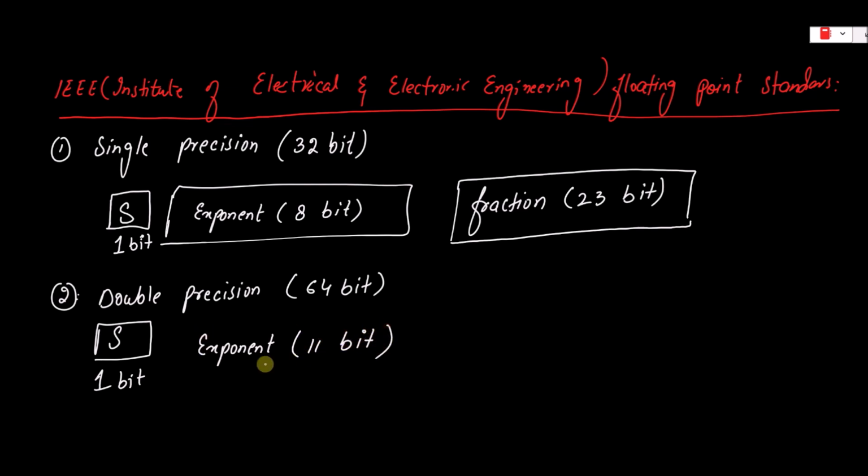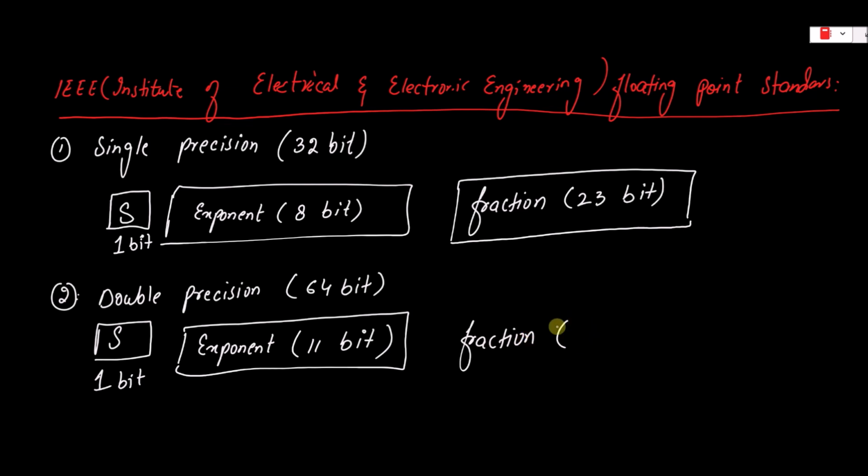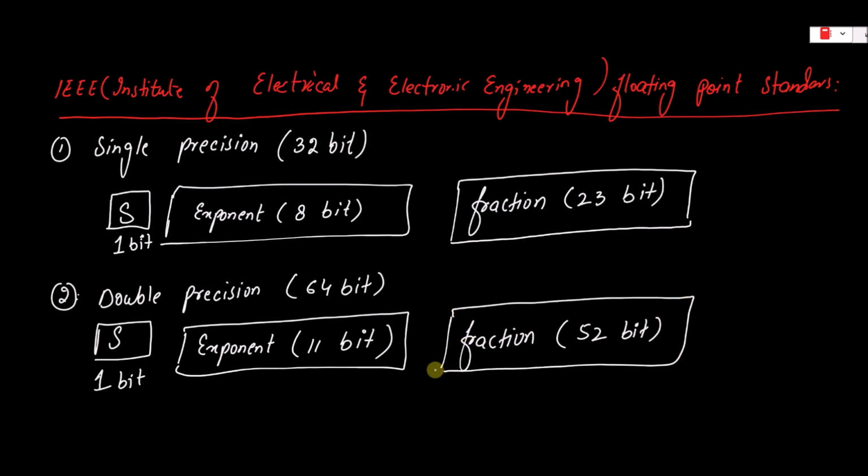And if your exponent part is more than 11 bits, then it will be rounded off. And for the fraction part, it will allow 52 bits. If your fractional part is greater than 52 bits, then it will be rounded off.